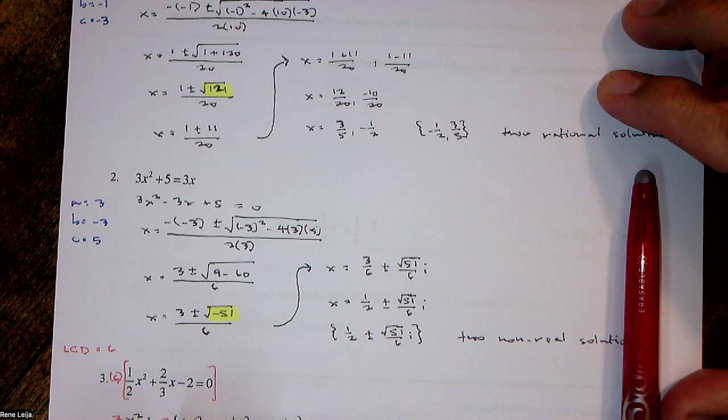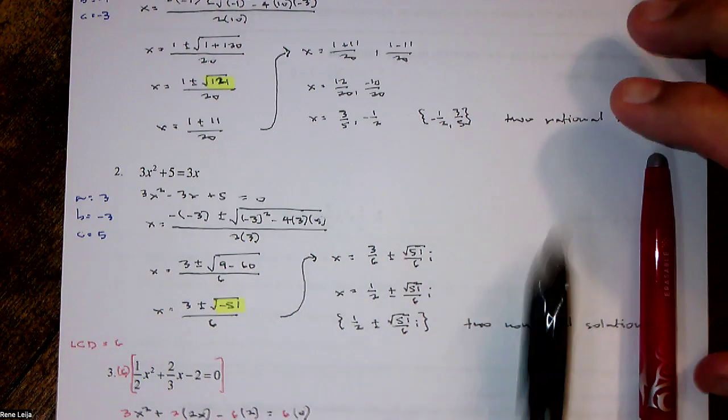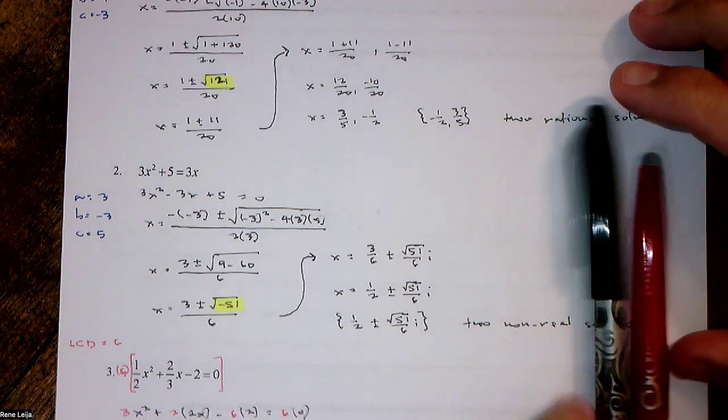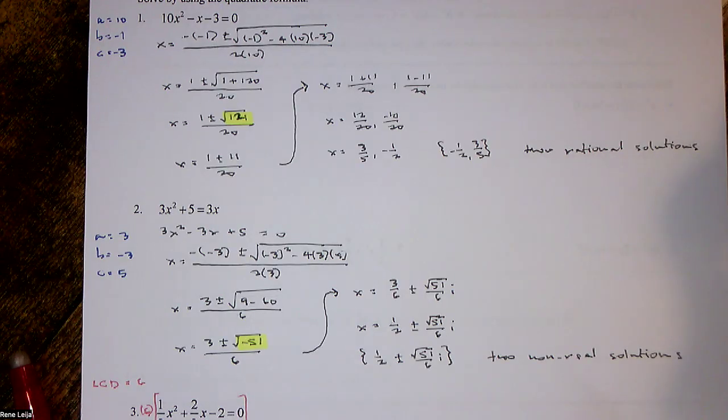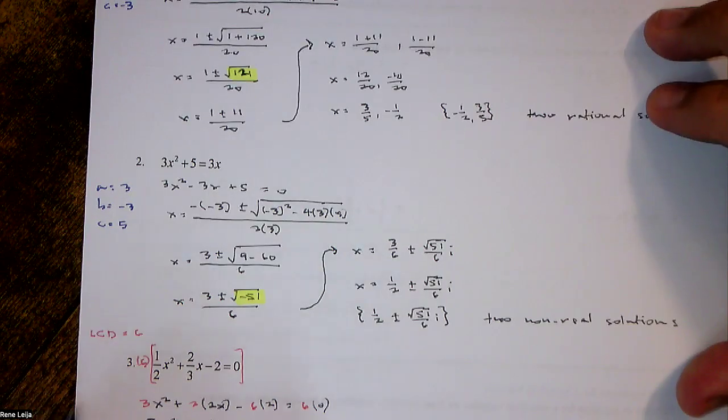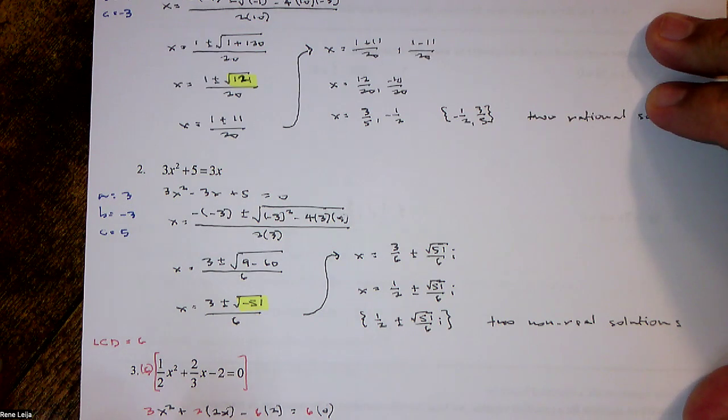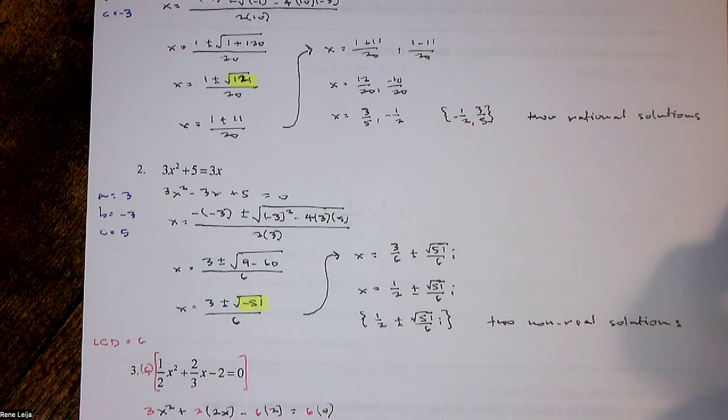Okay, so 3x squared plus 4x minus 12 equals 0. Okay, so now we're going to identify our A, B, and C. So A is 3, B is 4, C is negative 12.